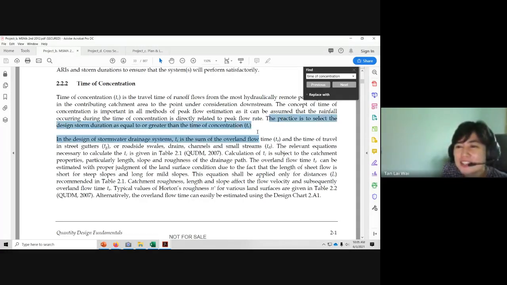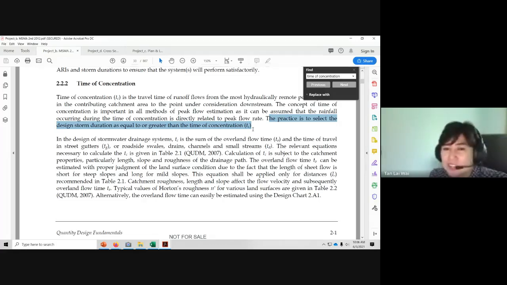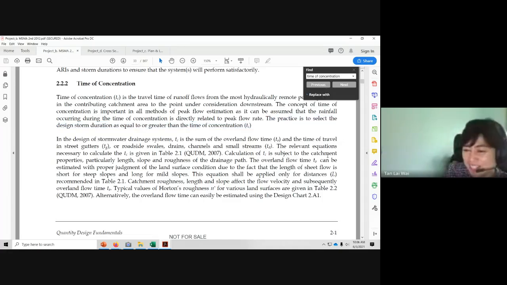The practice is to select a design storm duration as equal to or greater than the time of concentration. Design storm duration mana I tadi?